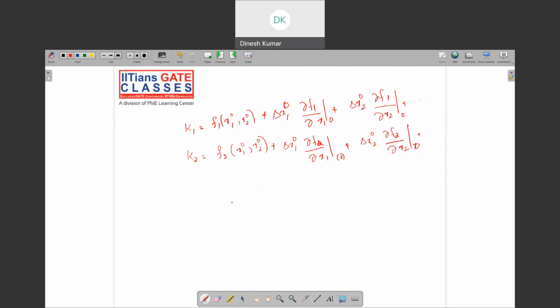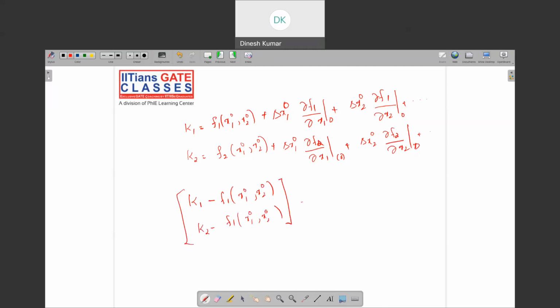Now we can write k1 minus f1 of x1 0, x2 0, and here also k2 minus f2 of x1 0, x2 0.